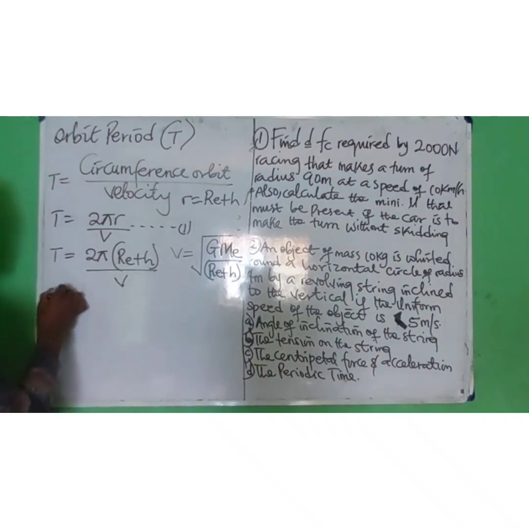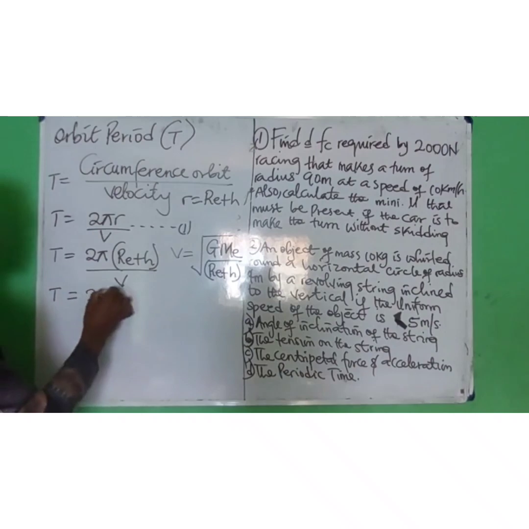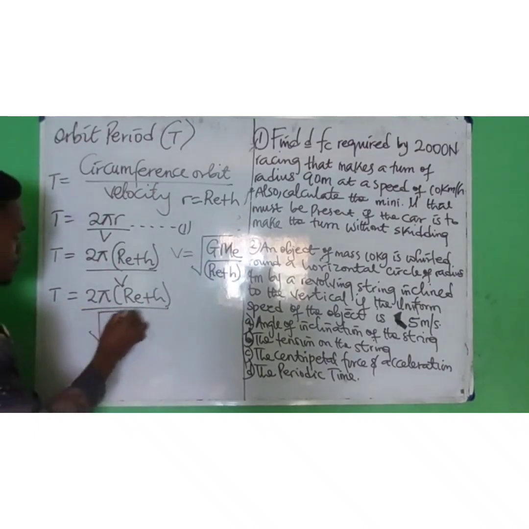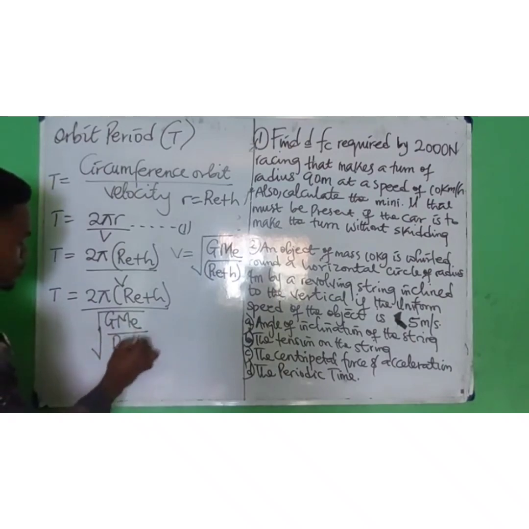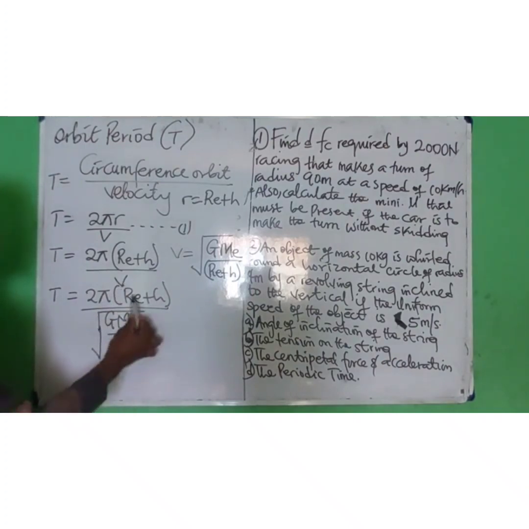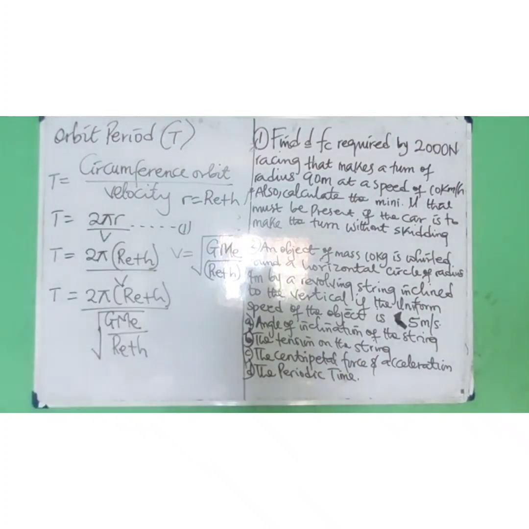It therefore means that T is equal to 2 pi, Re plus h, over big root G M e over Re plus h. So v is what I have here, and this is the numerator. It continues, we are not done.